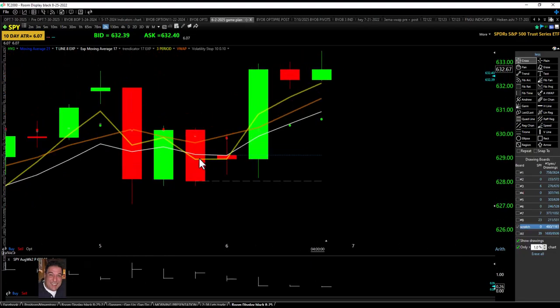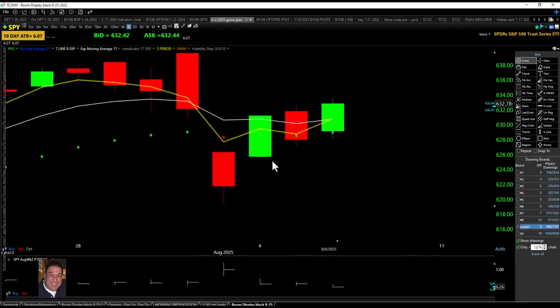Remember, we left yesterday with a 10-minute downtrend. See, the 3 was underneath the 8. So we opened up this morning with a 2-hour uptrend. Nice. So there's the 10-minute uptrend inside the 2-hour uptrend, inside the daily uptrend.